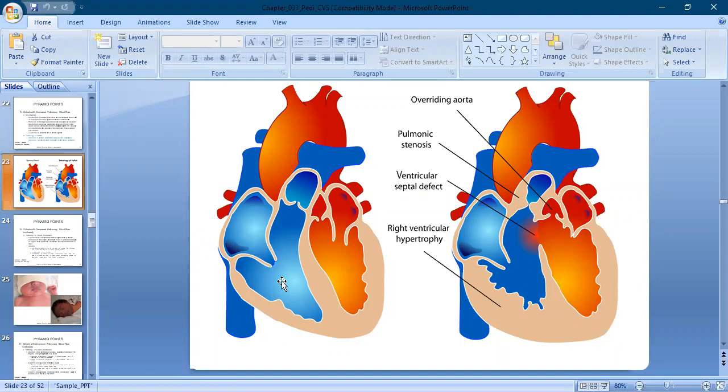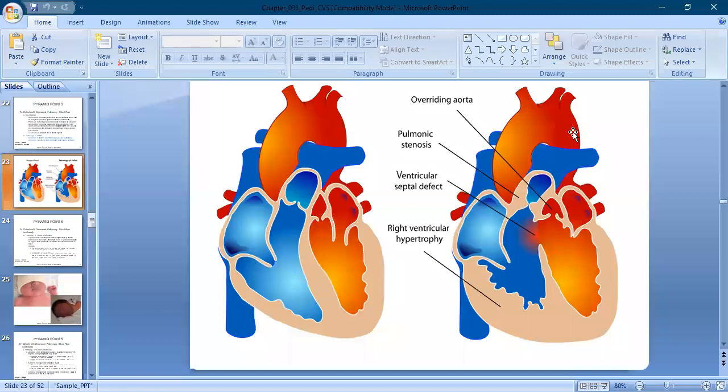From the right ventricle, blood should go through the pulmonary trunk to the lungs, where deoxygenated and oxygenated blood is exchanged, and oxygenated blood comes back through the pulmonary vein to the left atria. From left atria, they are supposed to go to the left ventricle. From the left ventricle, they go to the arch of aorta, and they distribute to the whole body.